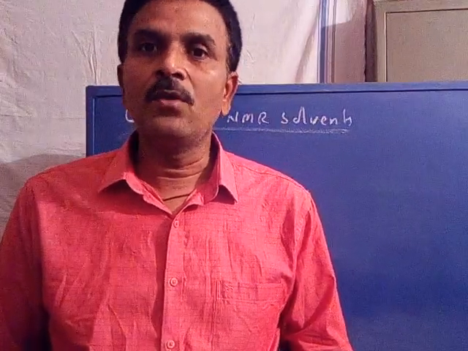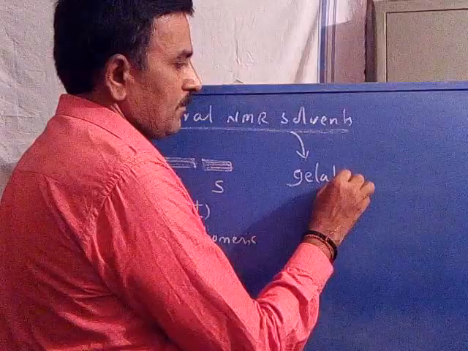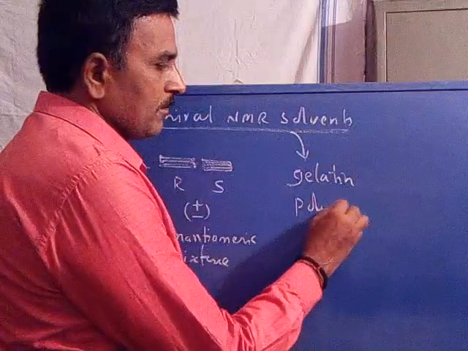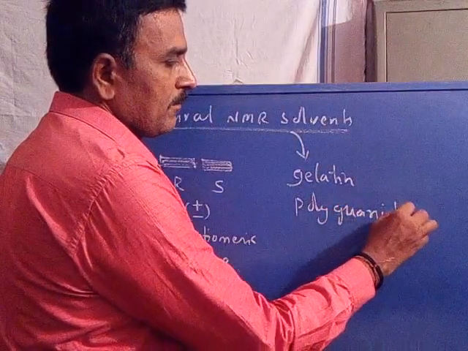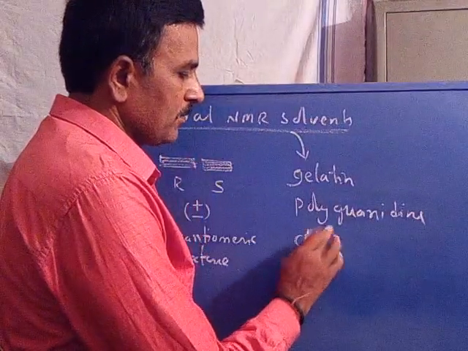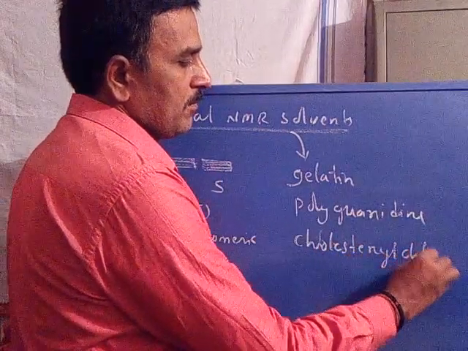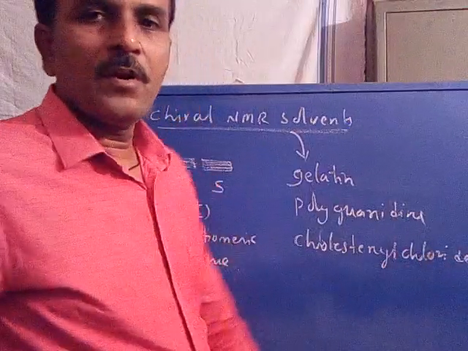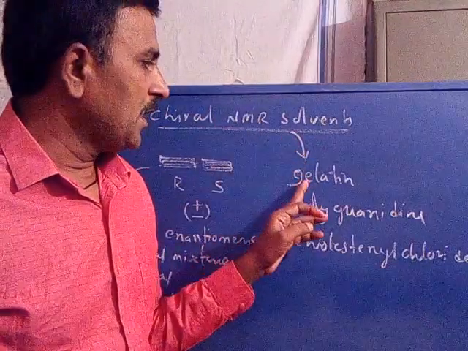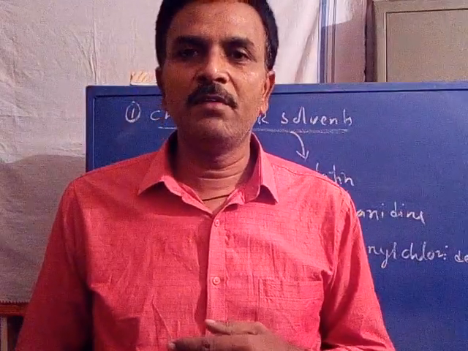Chiral NMR solvents include gelatin, polyguanidine, cholesterol chloride, etc. So as chiral NMR solvents, either gelatin or polyguanidine or cholesterol chloride is used. Any one of the solvents is used.